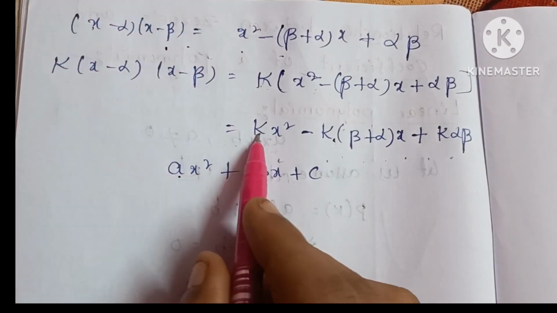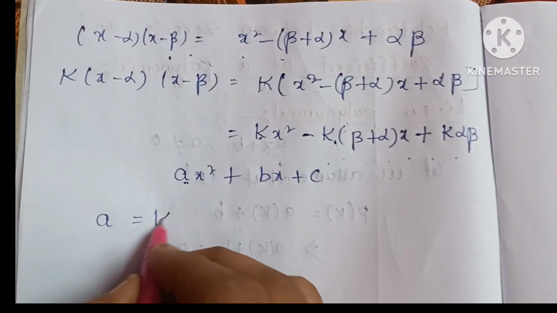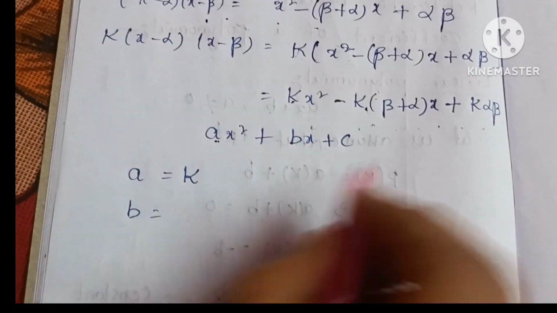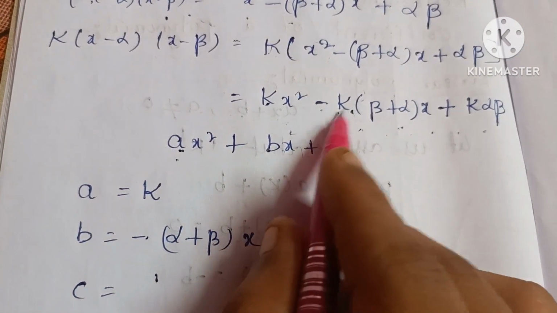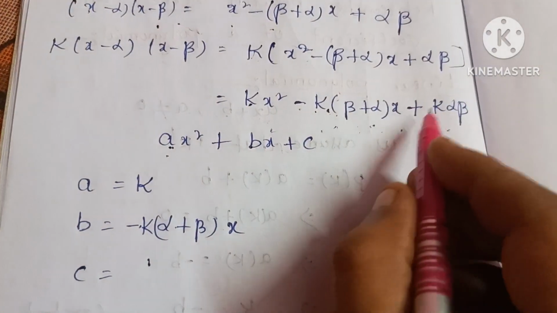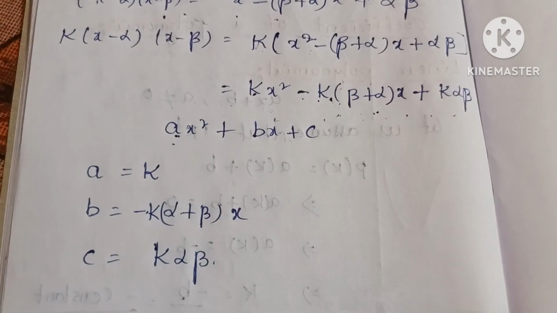Here the k value is a, so a equals k. The b value: b equals minus k into alpha plus beta. Next, the c value: c equals k into alpha beta.